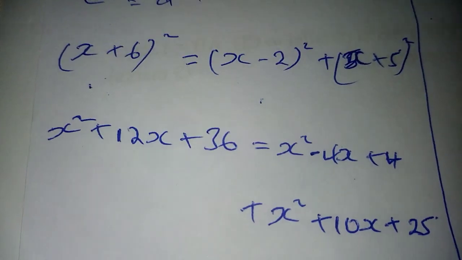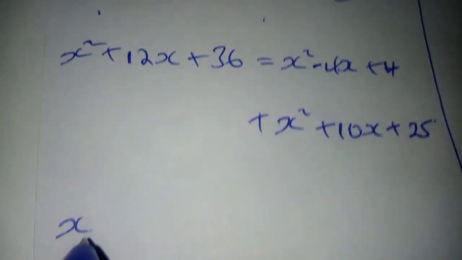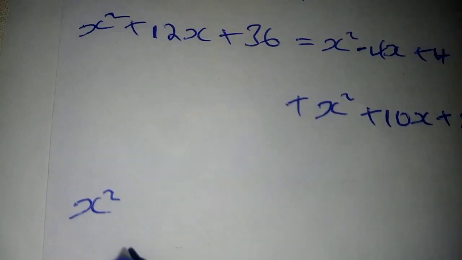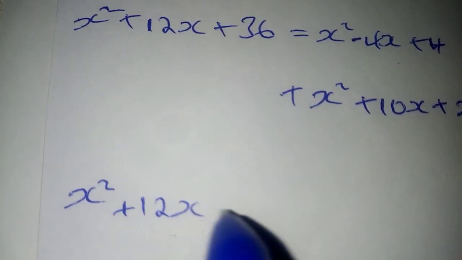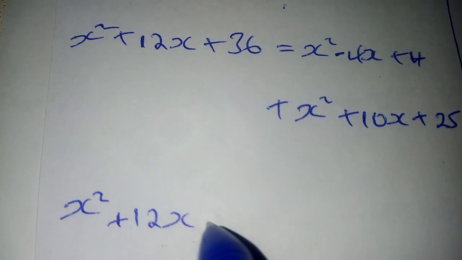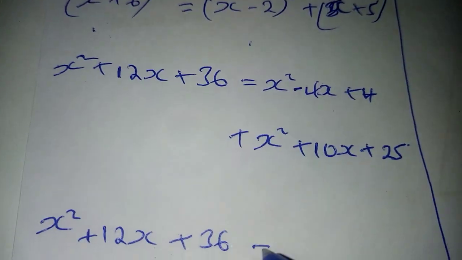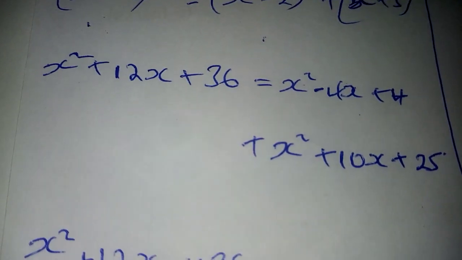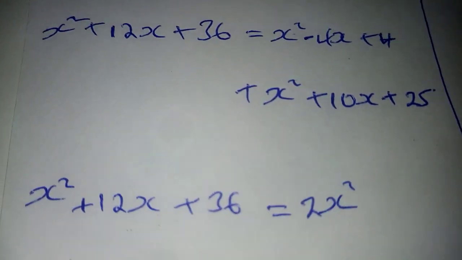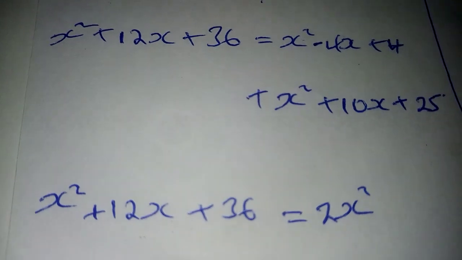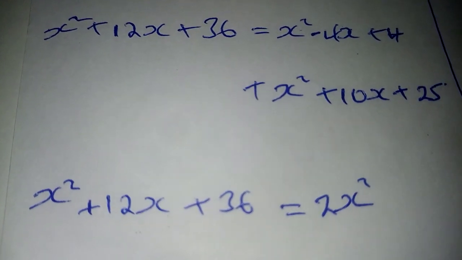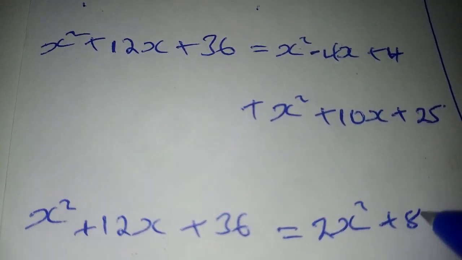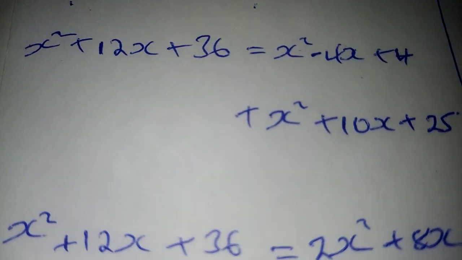So this one will be x squared plus 12x plus 36 equals, adding the two, we are having 2x squared plus 8x, then plus 29.